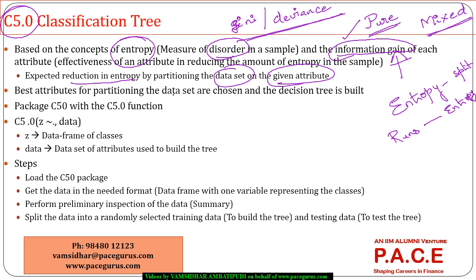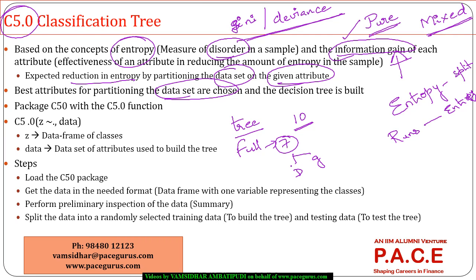And the best attributes for partitioning the data set are chosen. So we have 10 different attributes in our model. Probably it is not necessary that all 10 need to be used. Even in our earlier tree algorithm, even when we fitted the full tree, it used only around 7 attributes, both in the deviance case as well as in the Gini case.